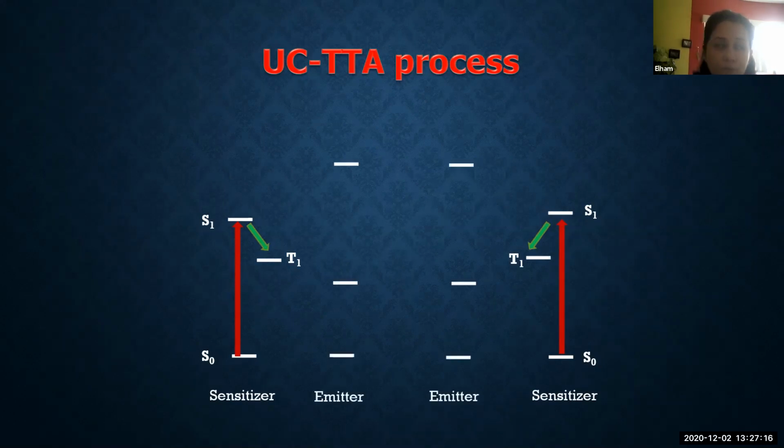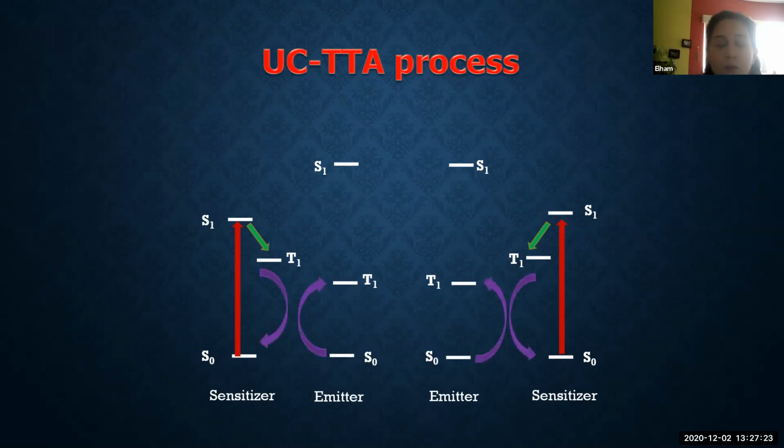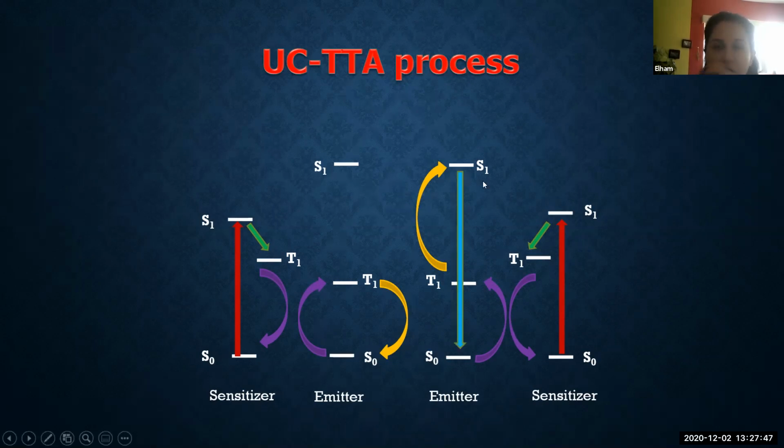Then through triplet energy transfer, the energy transfers to the second kind of molecule, the emitter. Two emitters collide and transfer energy through triplet annihilation, so one of them is excited to the singlet excited state while the other goes back to the ground state. Finally, we get emission from the singlet excited state of one of these emitters. As you can see, two low energy photons are converted to one higher energy photon.